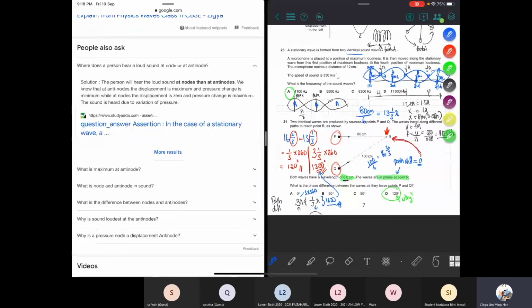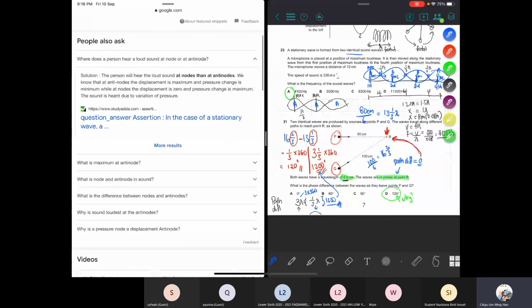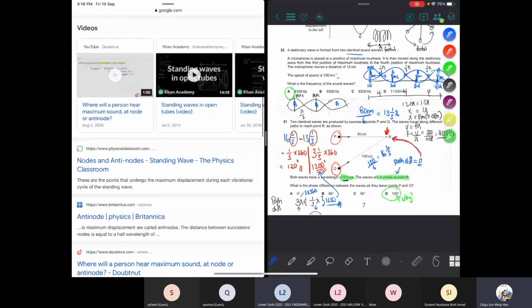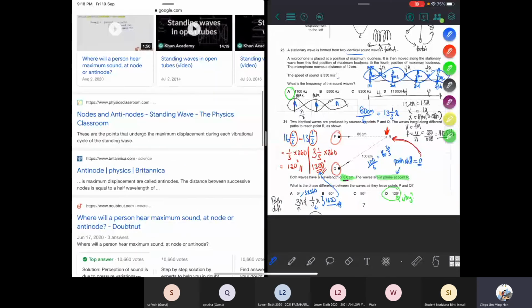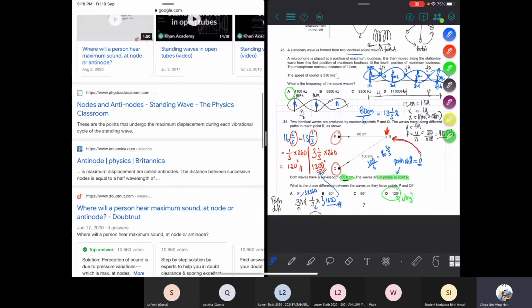What is the maximum in the case of stationary wave? Britannica shows that maximum displacement is called anti-knot.